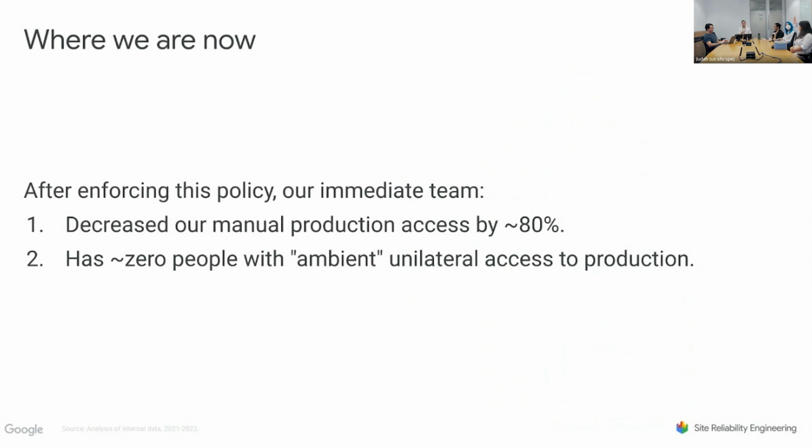And since then, we've dropped the access to production by 80%, which is pretty huge. And we removed the ability for people to ambiently, meaning they can just go and make a change without another person approving, to 0. We've never used it, and you can't do it without going through that break glass process that I described.